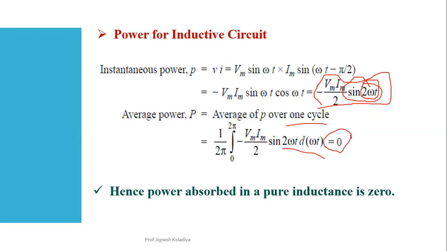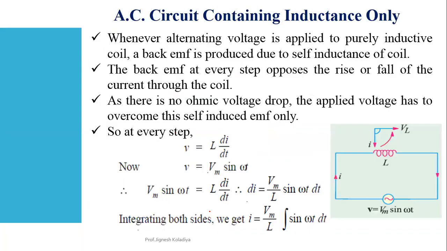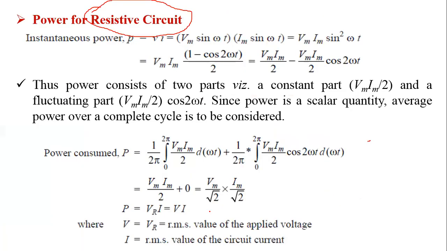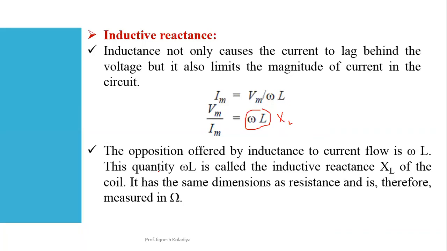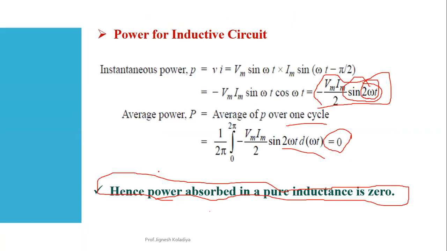So again we have the second important conclusion, that total power absorbed in a pure inductance is 0. On the other hand, the total power absorbed in case of pure resistance is Vm Im by 2, but that will be 0 in case of pure inductance.